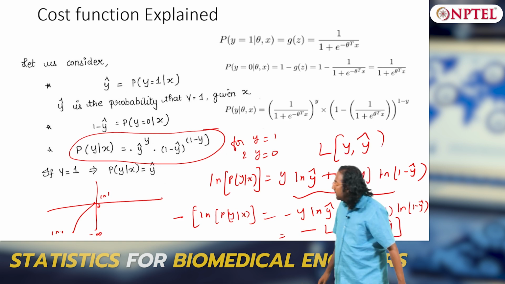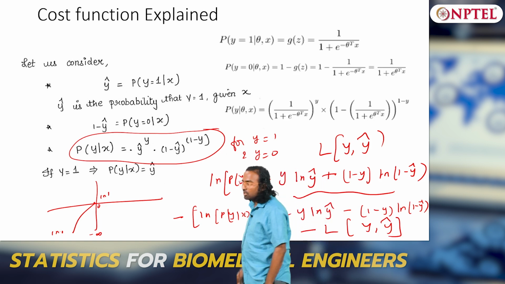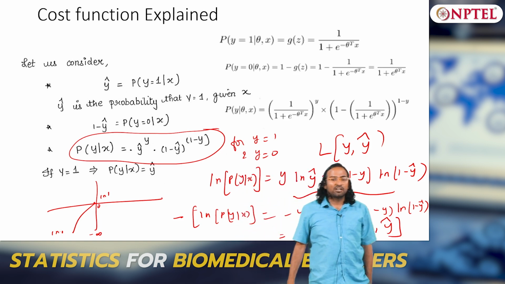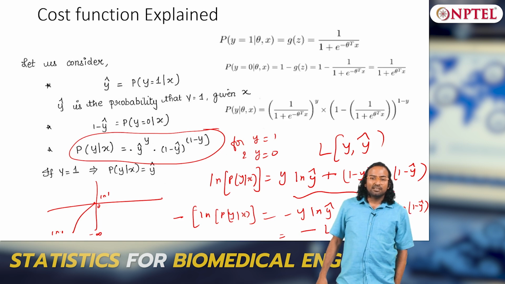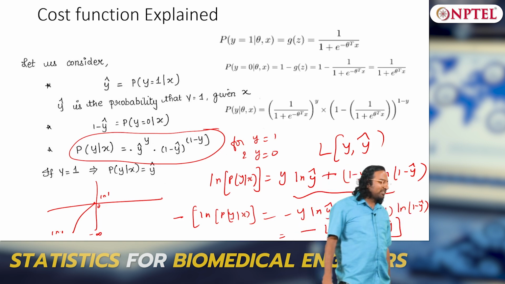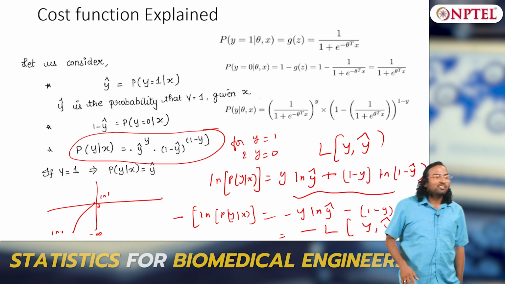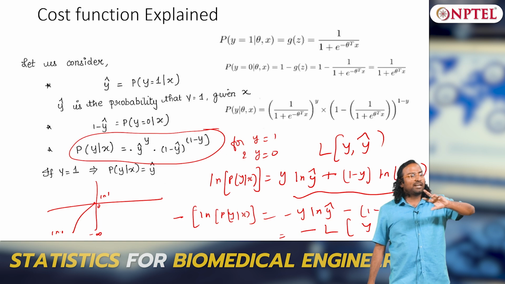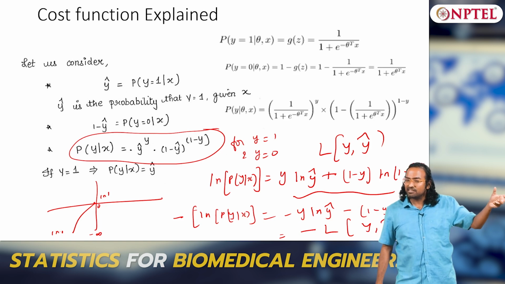Okay, and this function is also called the cross entropy function. Have you heard of this name, cross entropy? If you go through neural networks or machine learning, the objective function for classification is cross entropy, that is, how much probability that it will be classified erroneously.